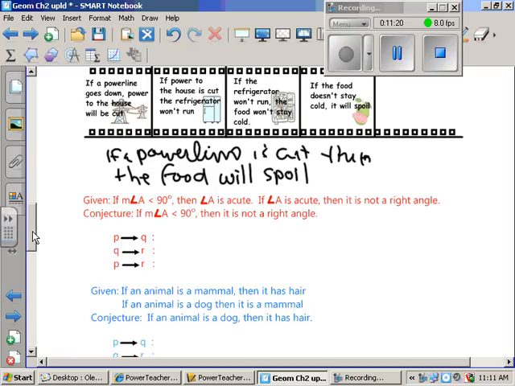From this example, what is P then Q? I'm sorry, from this one. If the measure of angle A is less than 90 degrees, then the measure of angle A is acute. Exactly. If the measure of angle A is less than 90, then angle A is acute.